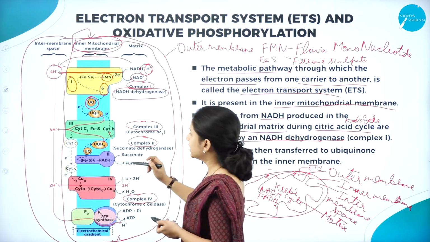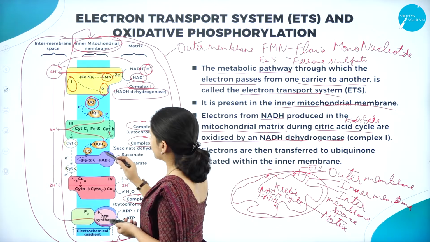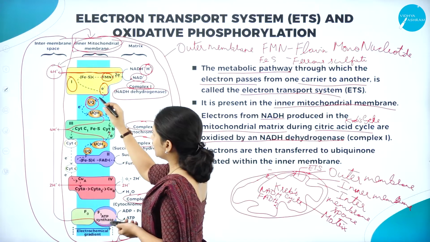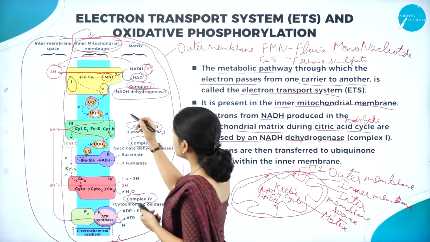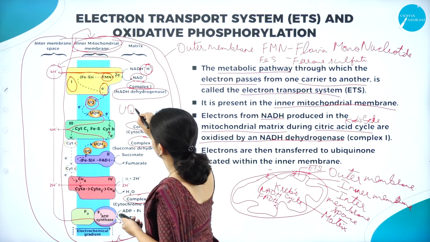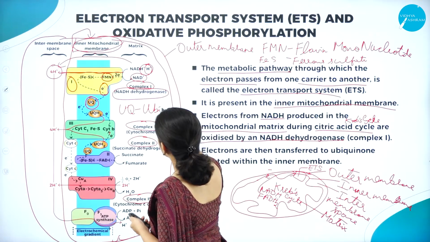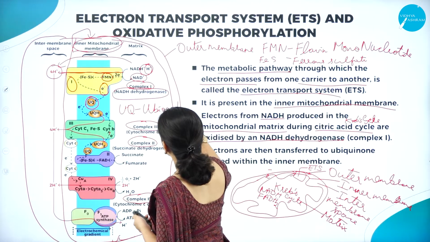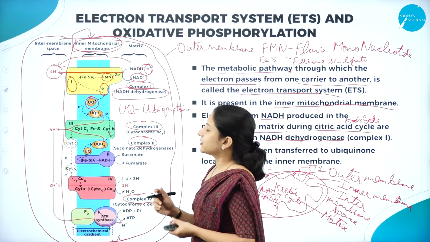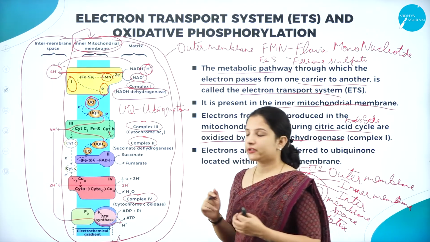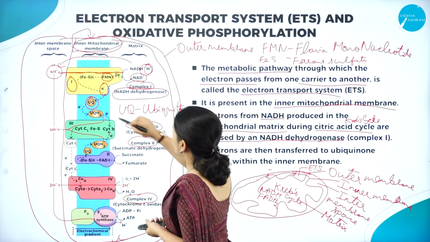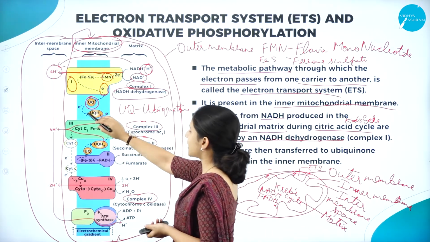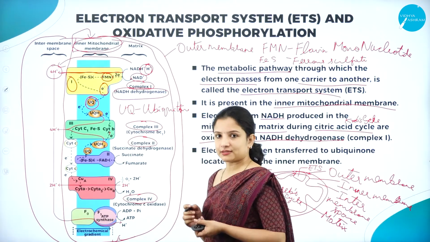So here electrons will be carried. Now the electrons are taken in by ubiquinone. UQ here is ubiquinone. The electrons will be taken by the ubiquinone, and that ubiquinone will transfer the electrons to complex 3.